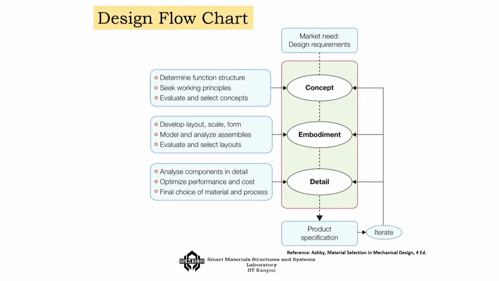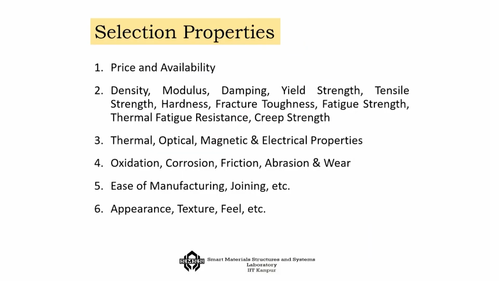The flow chart also I have talked about, what comes under the concept part, particularly the detailing is here, that determination of the function structure, seeking the working principles, evaluation and selection of concepts, and what comes under the embodiment part, that is also detailed here, and the detailed design part of it. So, otherwise I have already talked about this system to you.